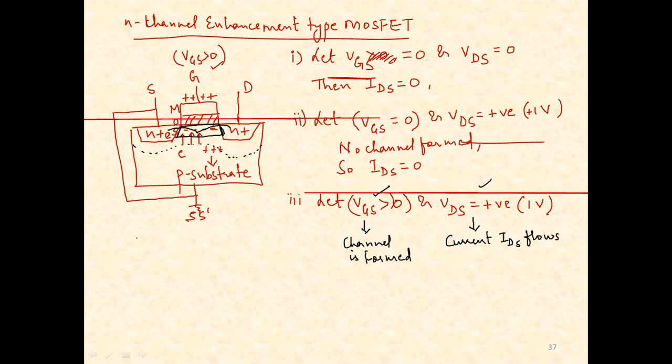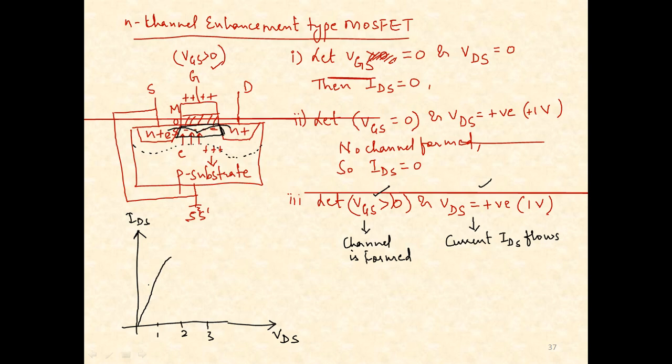But what about the shape of the current? So, IDS versus VDS. As VDS increases, 1 volt, 2 volt, 3 volt, the current increases linearly, because the channel just acts as if it is a resistance offered.